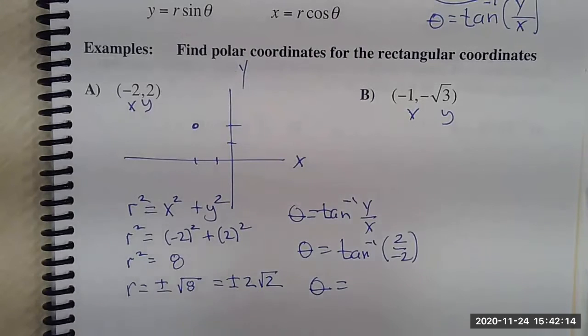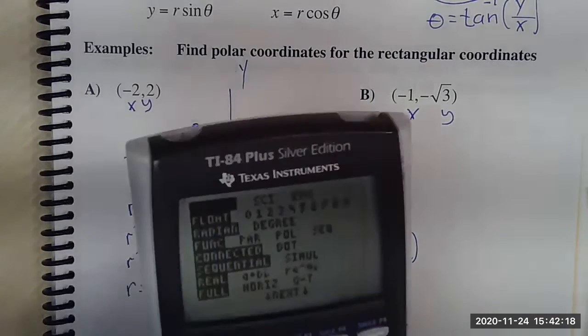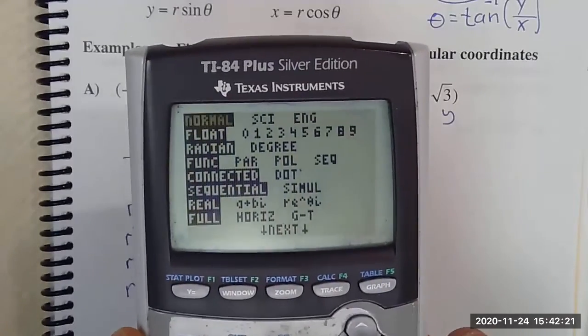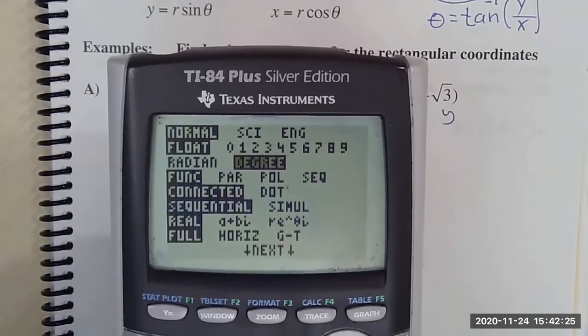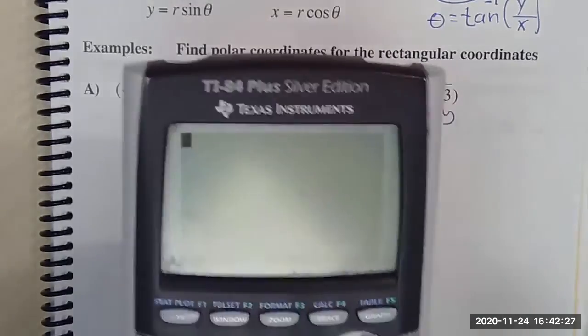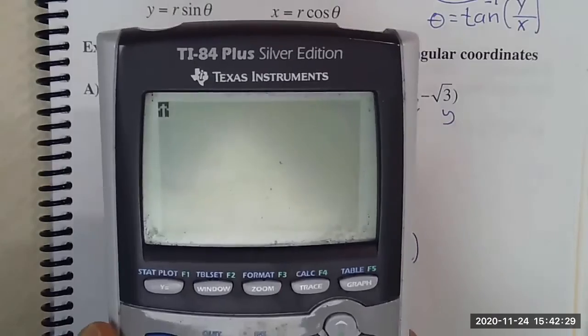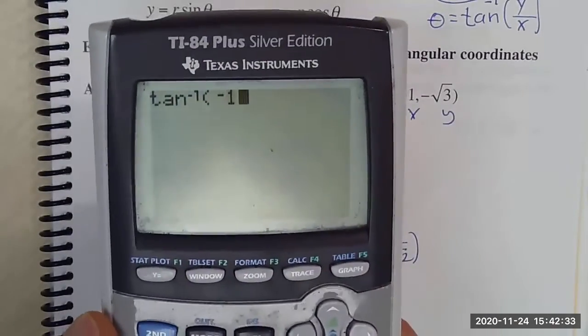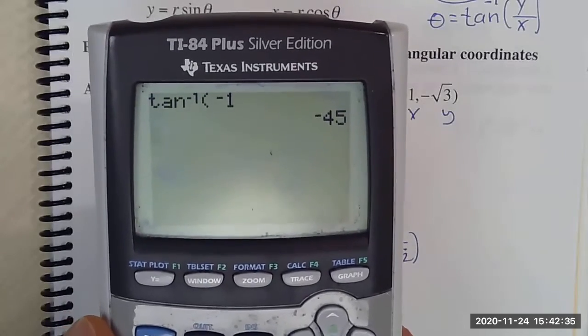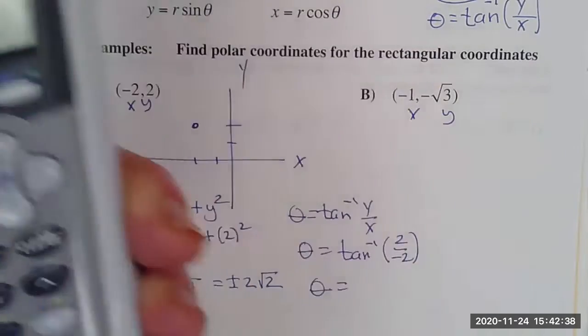I'd probably put it in degree mode, which I was in radian, so over here. So tan inverse, that looks like -1. Okay, -45 degrees.